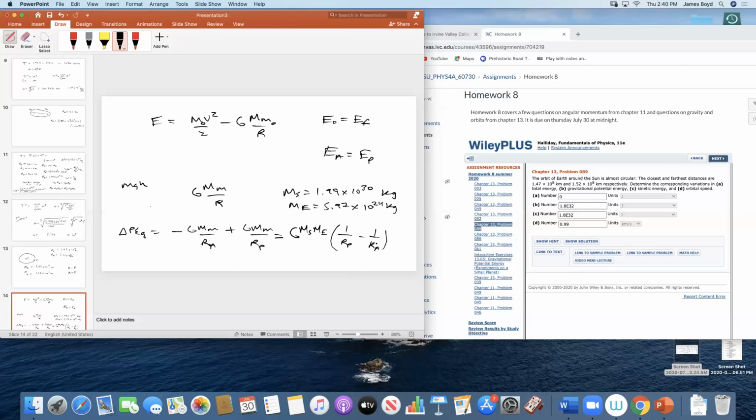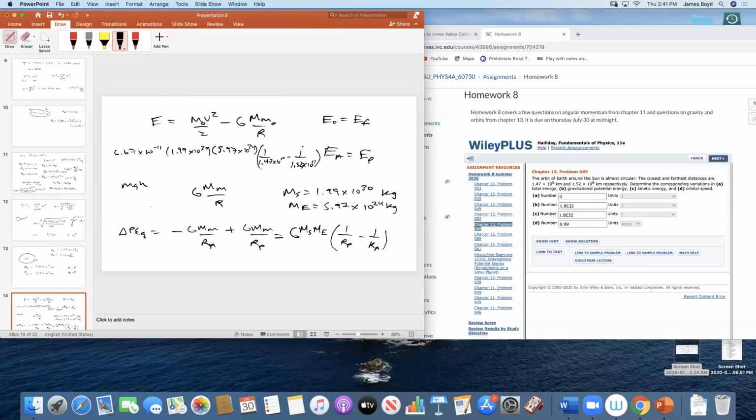If we put those into our calculator: 6.67 times 10 to the minus 11 times 1.99 times 10 to the 30th times 5.97 times 10 to the 24th times 1 over, RP was 1.47 times 10 to the 11, minus 1 over 1.52 times 10 to the 11, right?